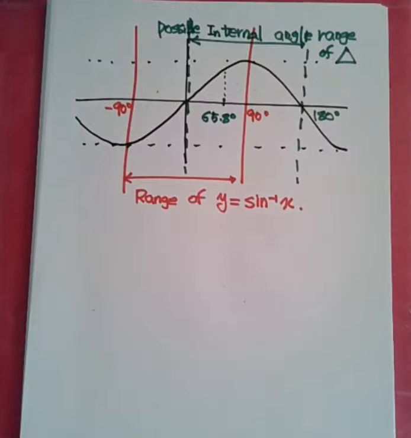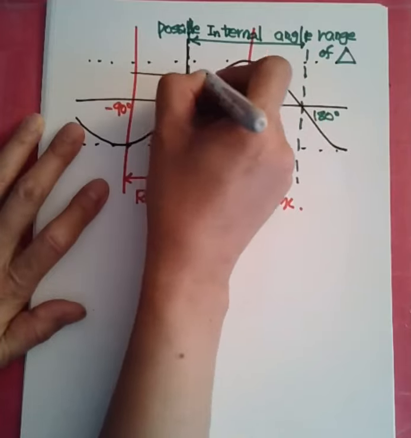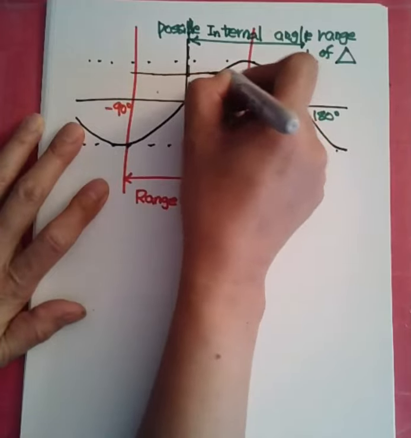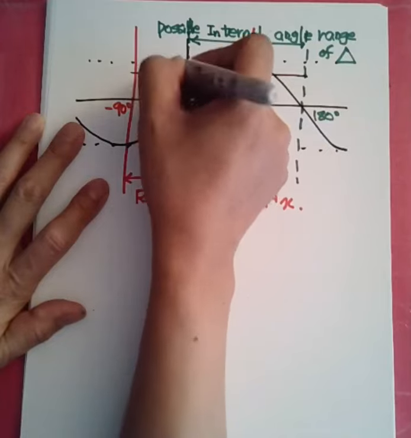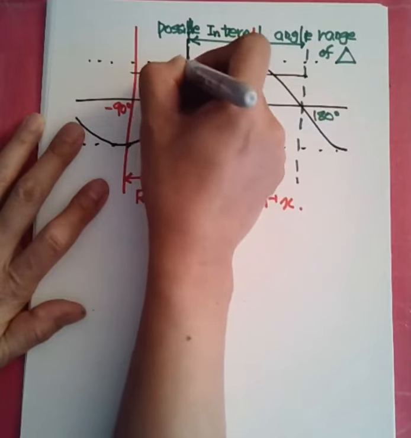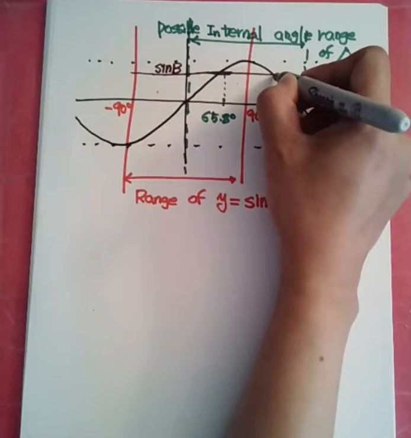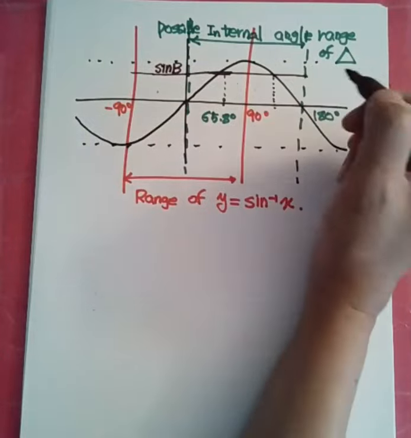What we are looking for is the inverse image of sine B. This value is sine of B, and so there is another angle here.